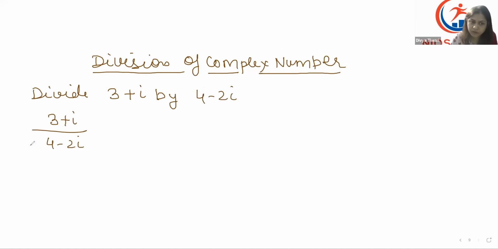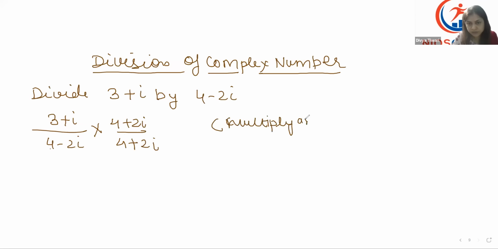Whatever is the denominator, I will multiply and divide by its conjugate. So here the conjugate of 4 minus 2 iota will be 4 plus 2 iota. You can write multiply and divide by the conjugate of the denominator.